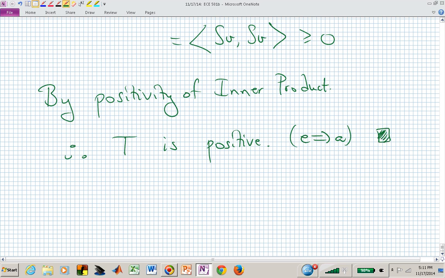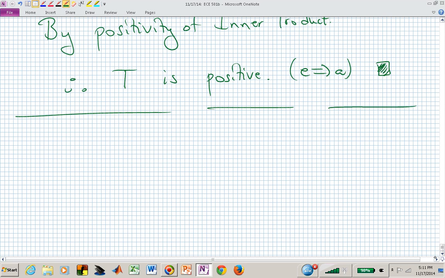Now, what we want to do is use this to show that we can actually find a unique square root for an operator. So we've proven now Theorem 727.